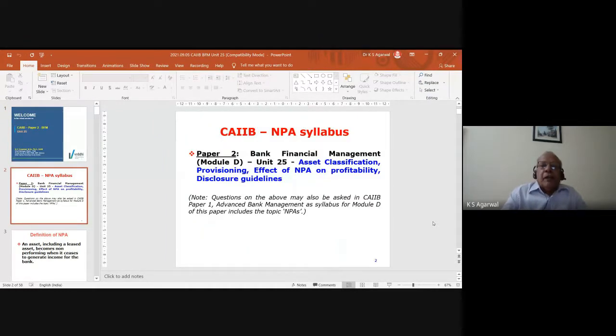This module D of paper ABM also has a topic as NPA included therein. So whatever we will be talking here is relevant to some extent for your paper 1 also.